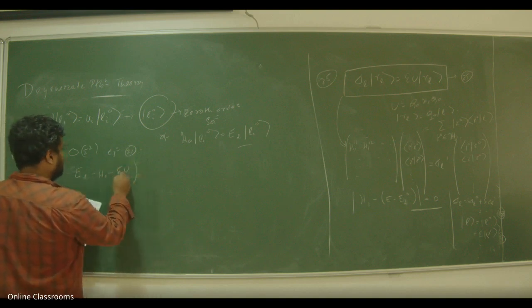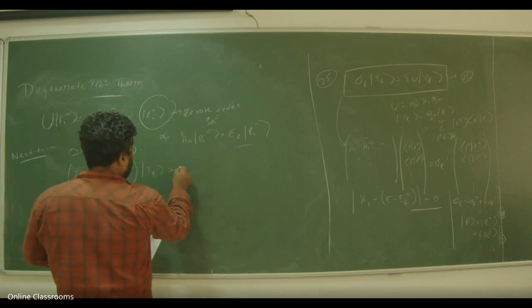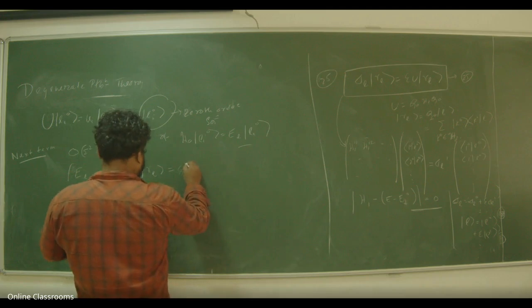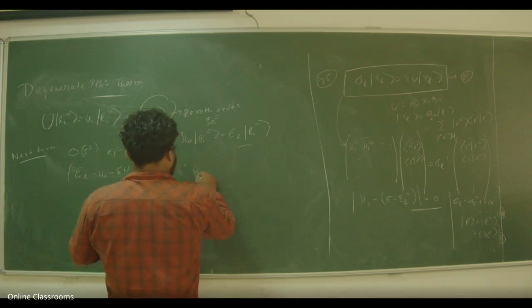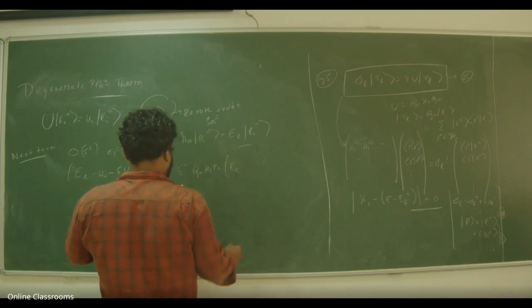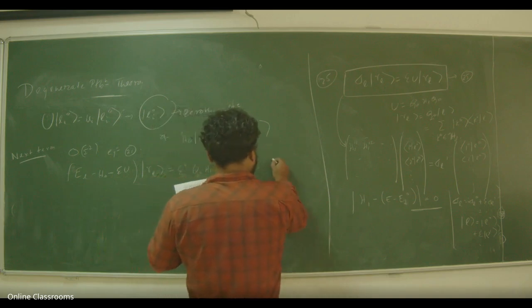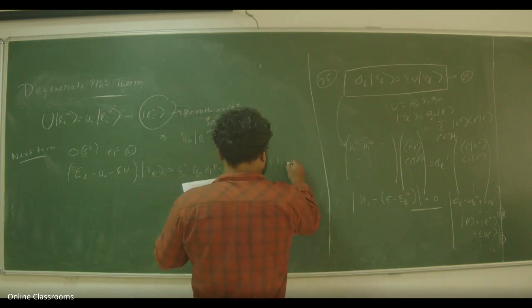This is now the usefulness of doing this formal solution. Now I know a systematic way to go to higher order. So this is epsilon square Q naught H1 P naught, EL minus H naught, minus epsilon P naught H1 P naught.